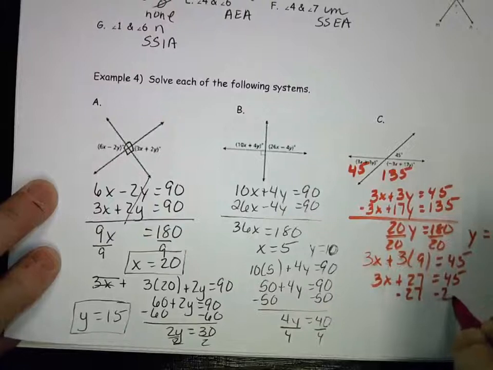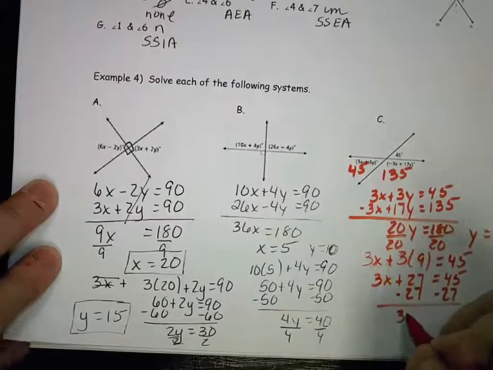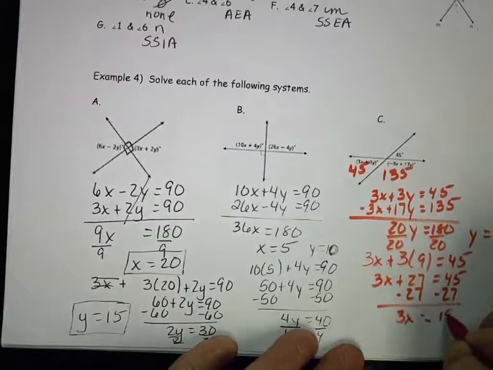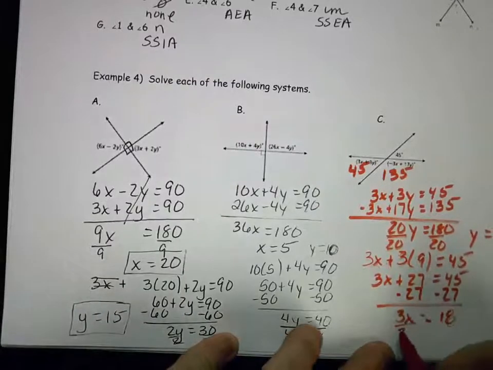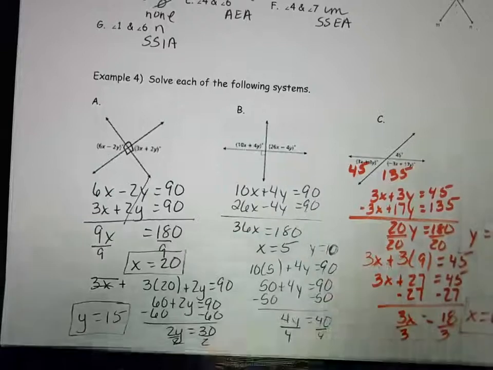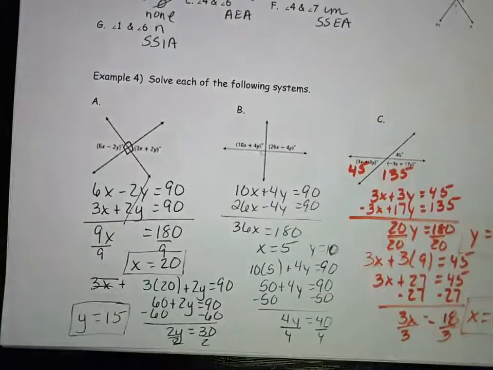When you subtract 27 from both sides, you have 3x equals 18, and dividing both sides by 3, x equals 6, y equals 9.